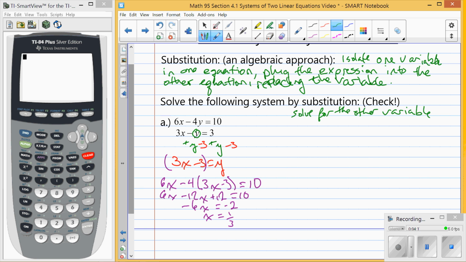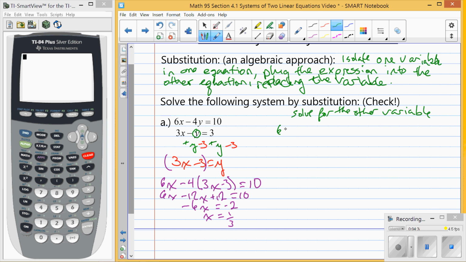So we need to solve for y, and it doesn't really matter which of the two equations I plug this into. In fact, as you check, some of you might like to plug this 1/3 into both equations and make sure you get the same y value out. That's completely legitimate. In fact, I think I'll do that this time.